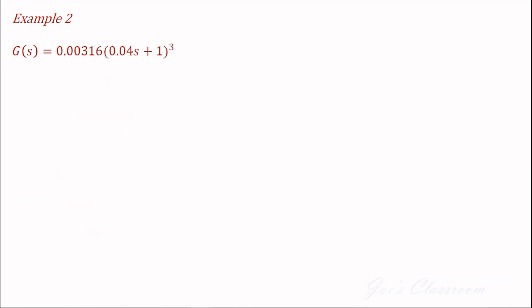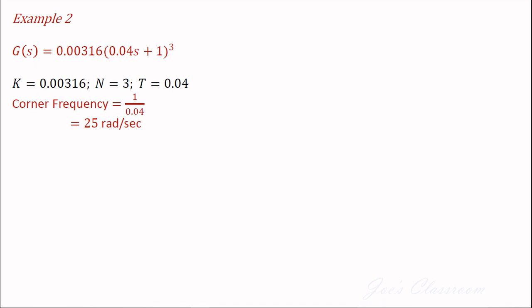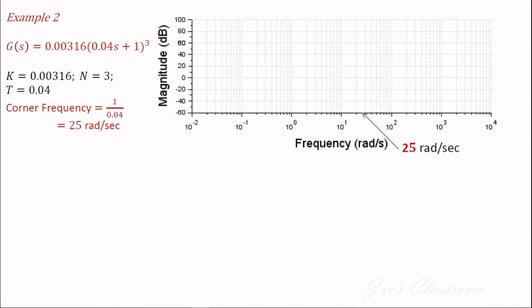Now here is another second example. K value is 0.00316 and n is equal to 3 and T is equal to 0.04. Corner frequency is 25 radians per second. 25 radians per second is located here. One important thing to note here is this is 2, therefore this is 10, this is 20, and 5 should be, don't take exactly at 50%.